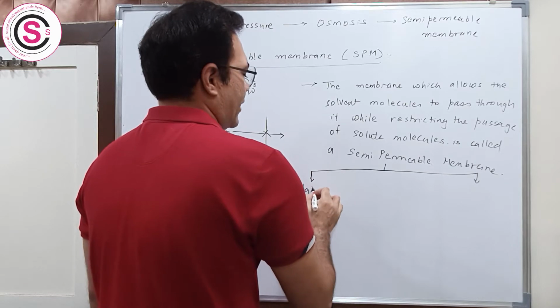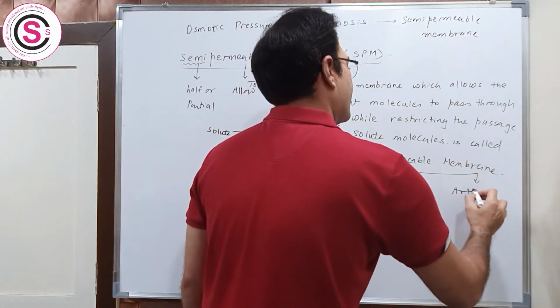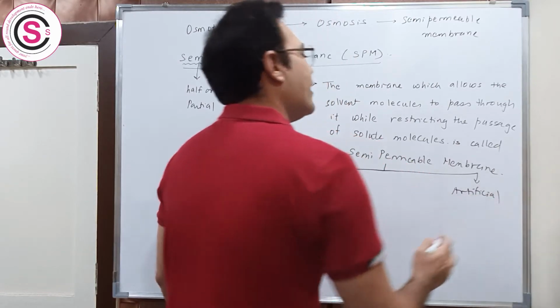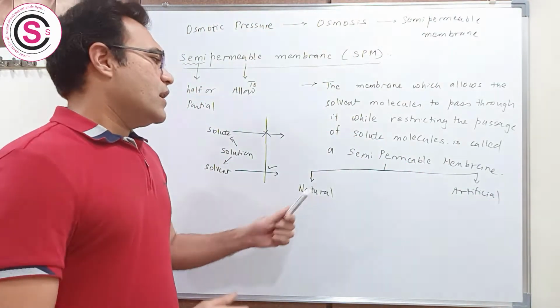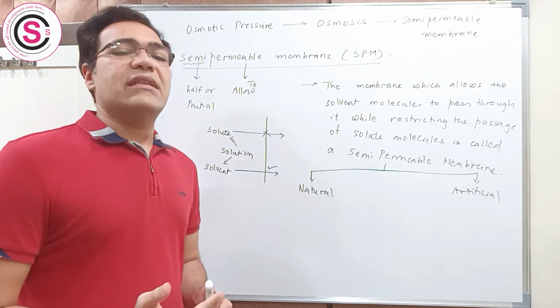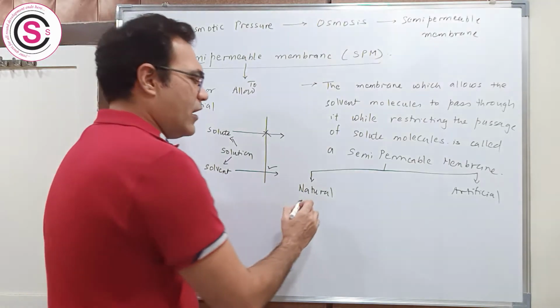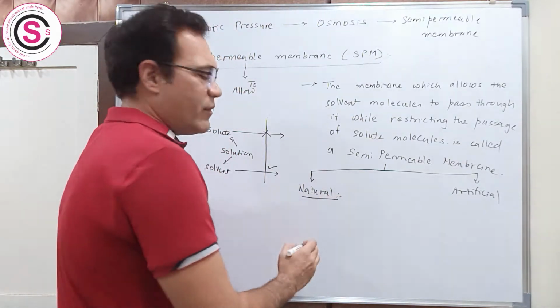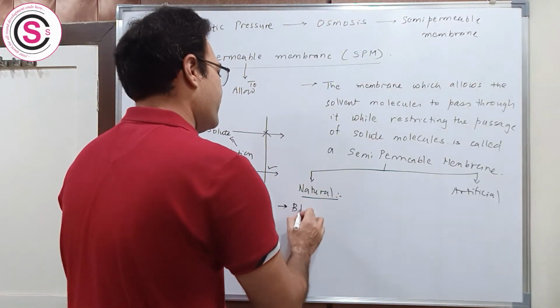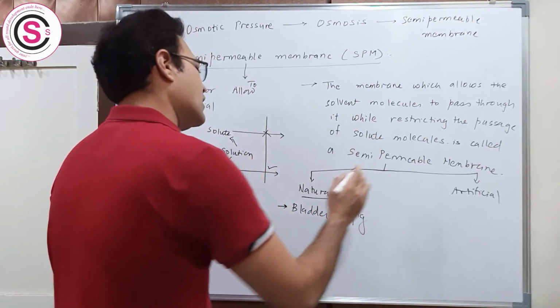Now students, semi-permeable membranes can be of two types. They can be natural semi-permeable membranes or artificial, man-made semi-permeable membranes. Natural semi-permeable membranes generally occur as membranes below the skin of plants and animals. A very well-known example of a natural semi-permeable membrane is the bladder of a pig.